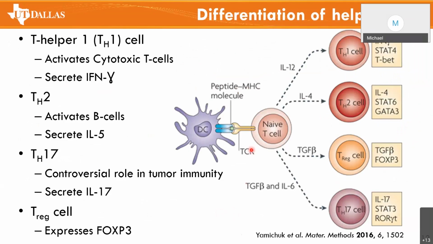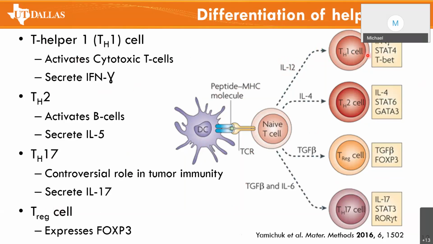Depending on the cytokines that it produces, we can then determine whether it's a T helper 1, T helper 2, T helper 17, or T regulatory cell. For each T helper cell, if it's interleukin 12, you have Th1, interleukin 4 is Th2, and so on. T helper 1s are very important for cell-mediated response.